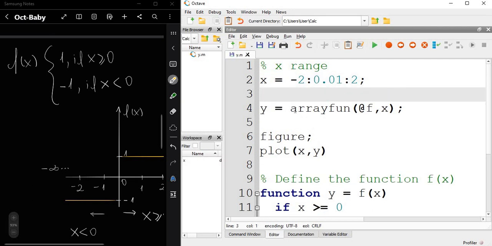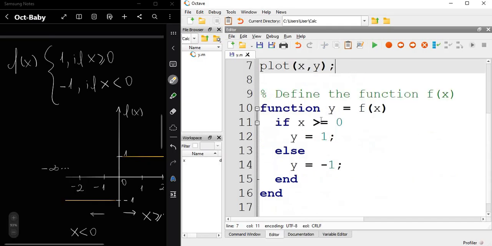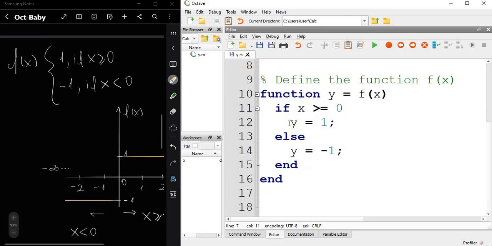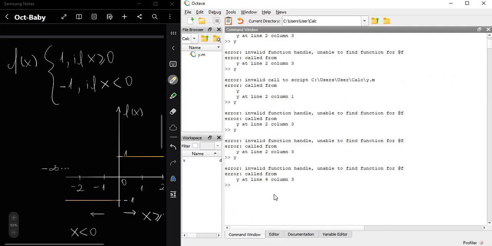We build a function asking to plot, and it will plot this function right here with these conditions. Let's clean the Octave memory. So clear all.